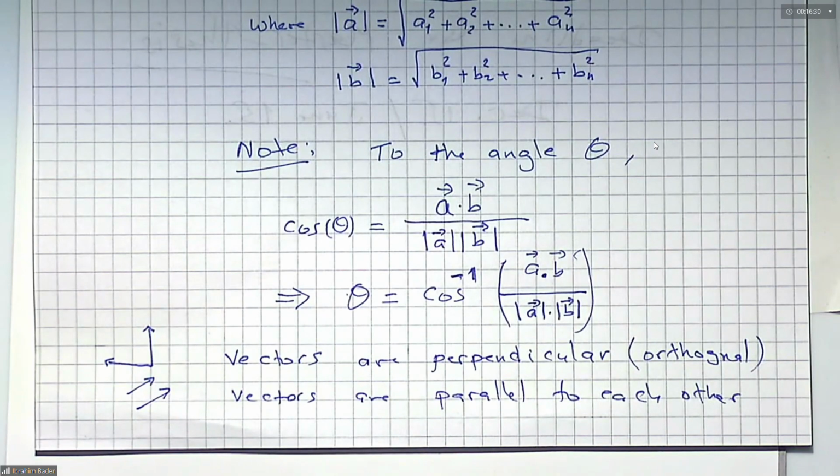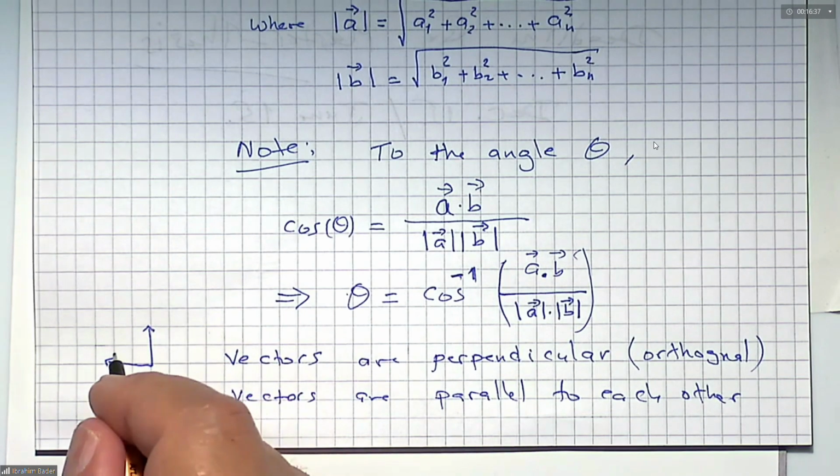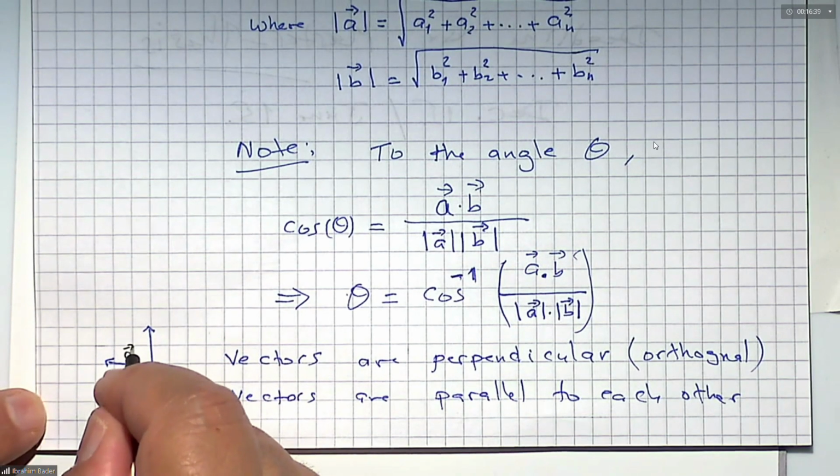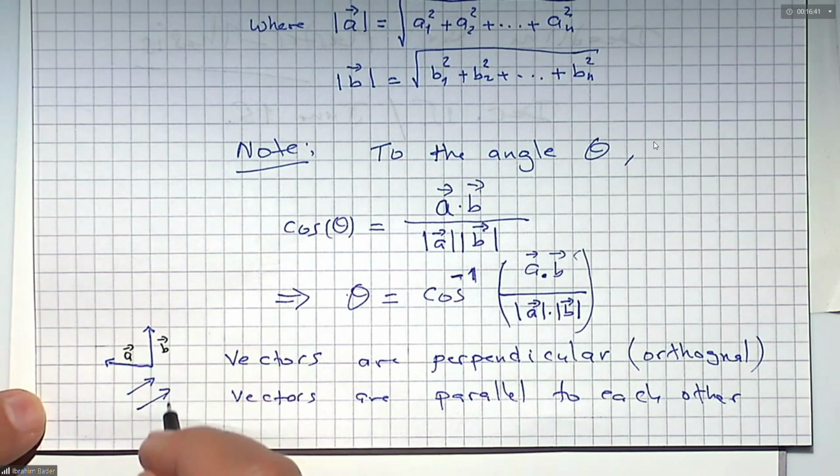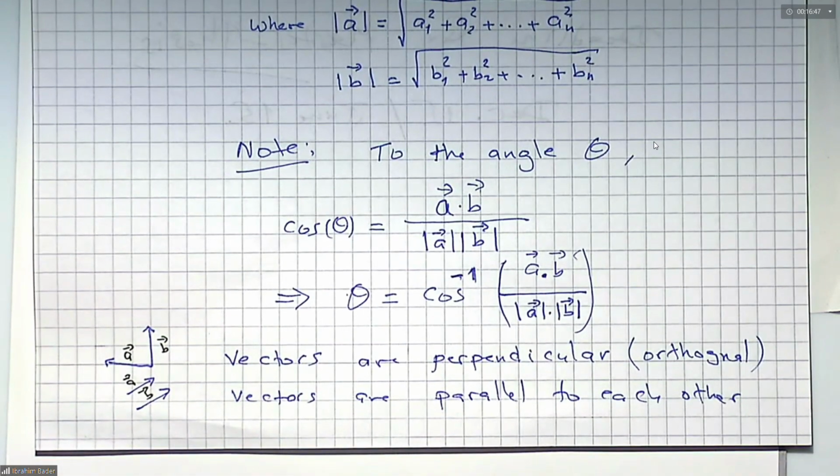Anyone has an idea? If I have here two vectors, let's label this A, this B, this A, this B. Tell me what you would suggest here.